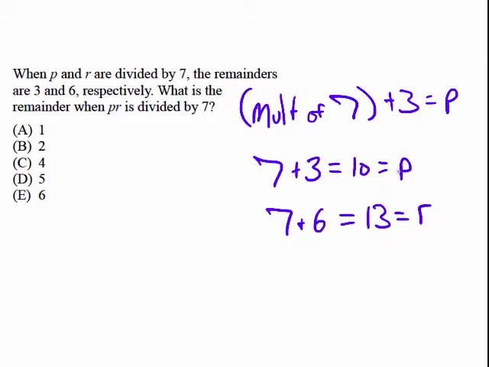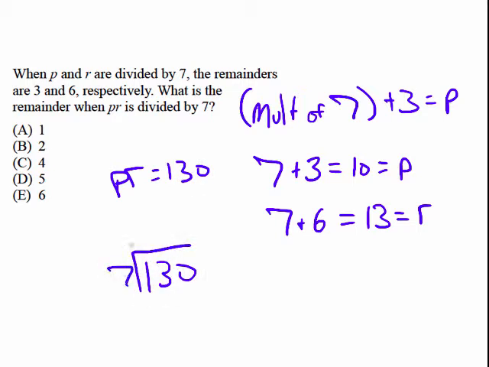So we now have valid p and valid r, so let's figure out the remainder when pr is divided by 7. Well, pr is going to be 13 times 10, right? So that's 130. 130 divided by 7. Well, 7 doesn't go into 1, so we go 7 into 13, and 7 only fits into 13 once, doesn't it?